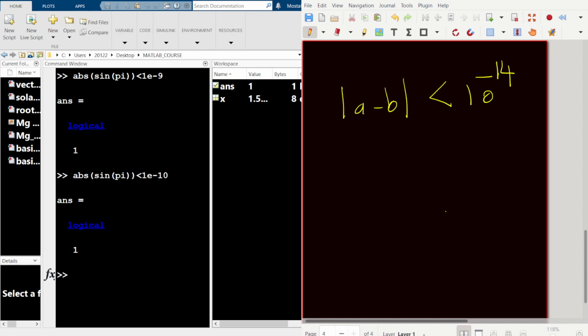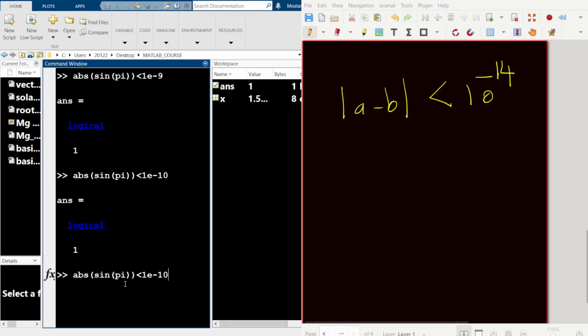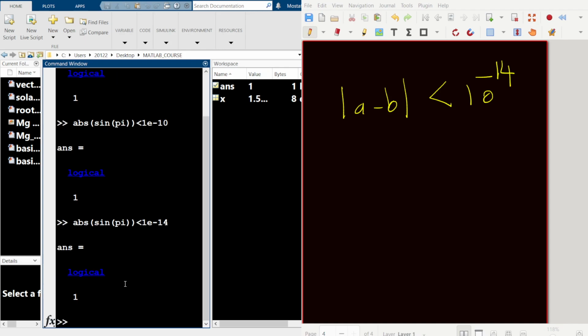So it's very rigorous. And on the other hand, it still avoids the round off issues that we discussed. So for example, I can check that the absolute value of sine pi is less than 10 to the power negative 14. And in fact, yes, you can make it even tighter, negative 15.